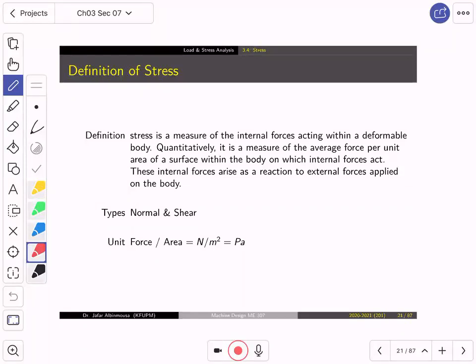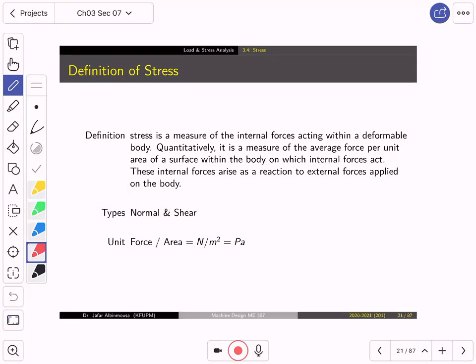For now, in the remaining time, we are going to talk about stress. Okay? Precisely, we are going to talk about normal stress, because there are other stresses. Now, as a definition, the stress, guys, is a measure of the internal forces acting within a deformable body.